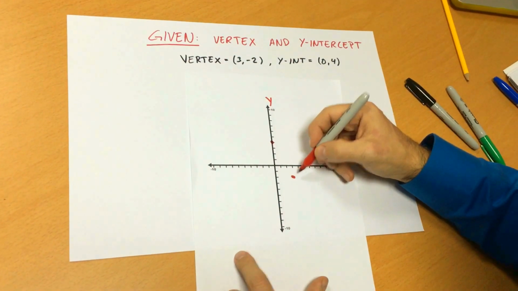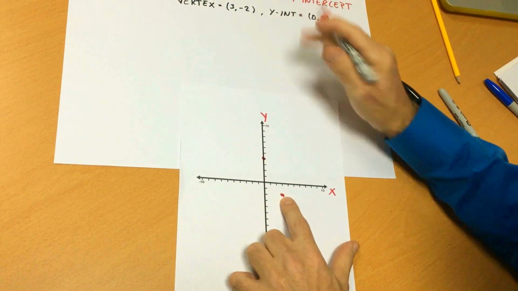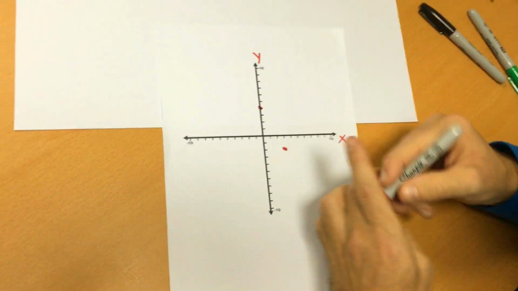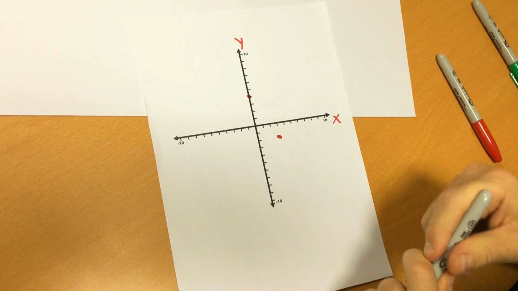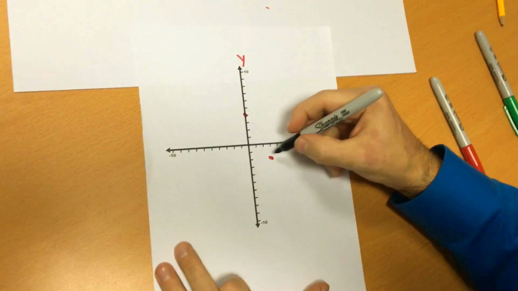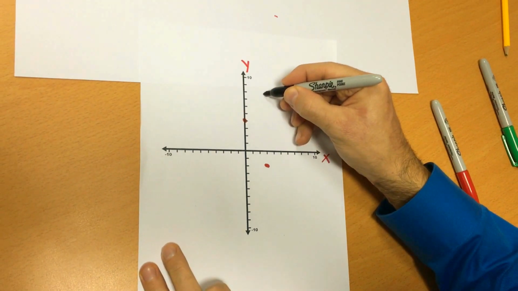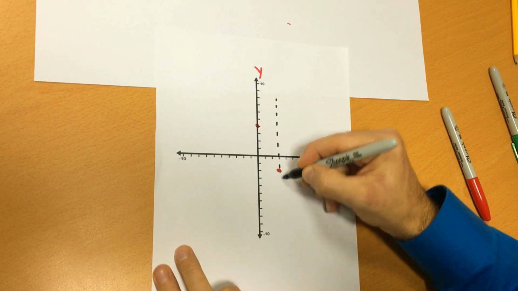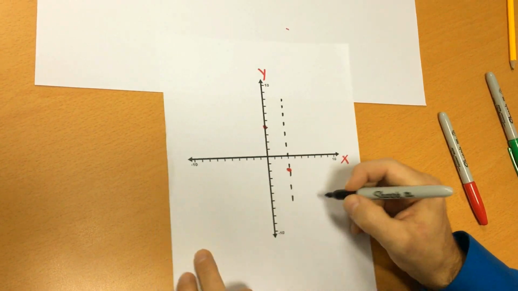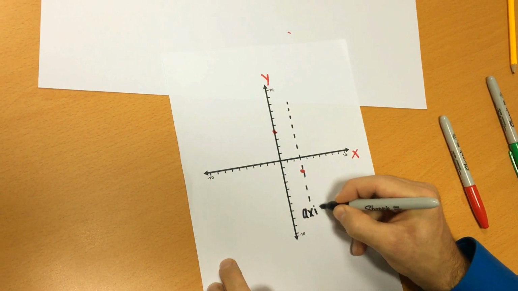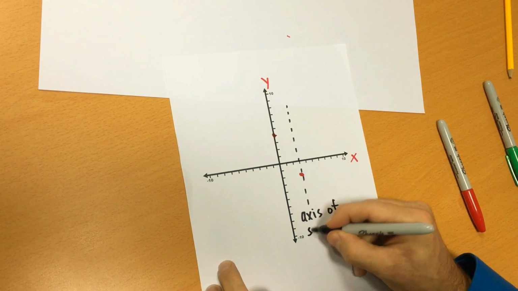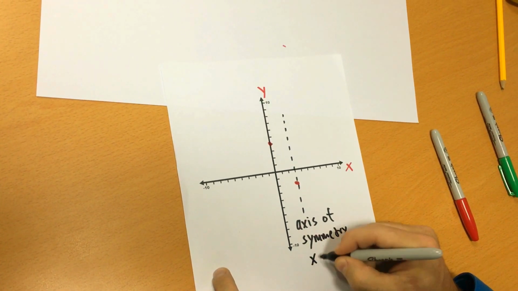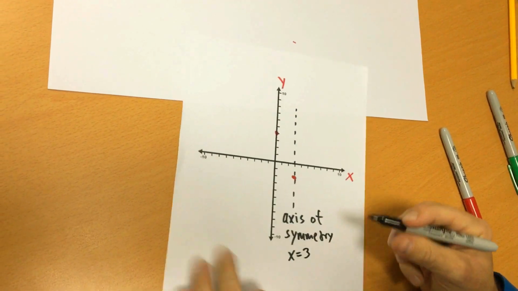So, okay, the vertex here, that's supposed to be the symmetry point, right? So I could actually, right off the bat, do a little bit of a dashed line through here and just write axis of symmetry x equal to 3.